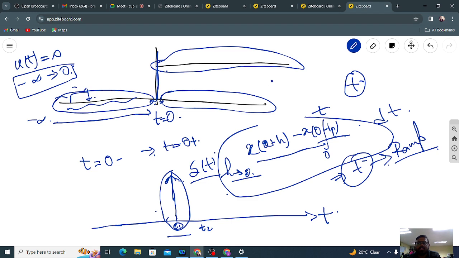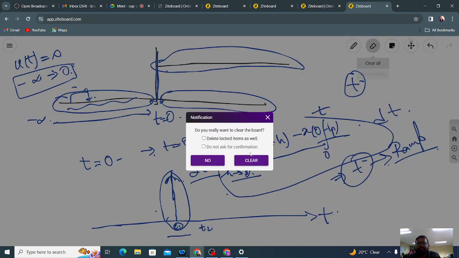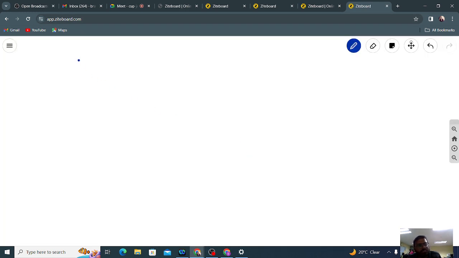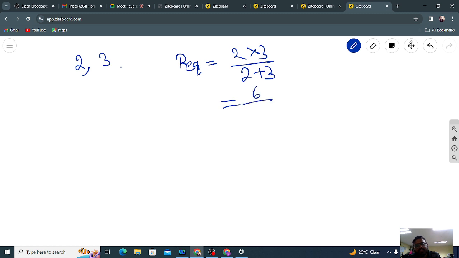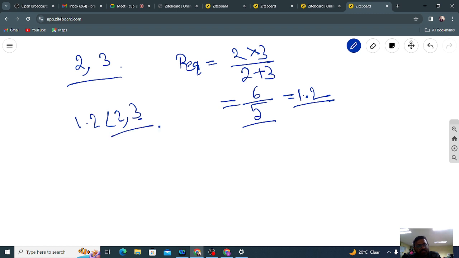So now just take an example. Suppose the values are 2 and 3. What is their equivalent resistance? It is 2 into 3 by 2 plus 3. That is 6 by 5, that is 1.2. Right? So 1.2 is always less than 2 and 3.